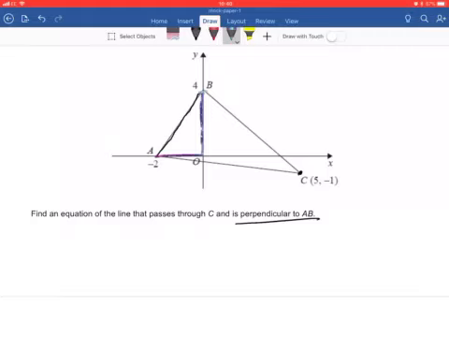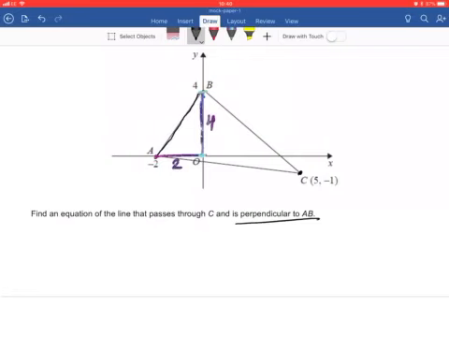I can tell that the distance between these 2 points, this point is 0 here, this point is 4. So the change in y is 4. And the distance between this point and this point is 2 units. So that's 2.